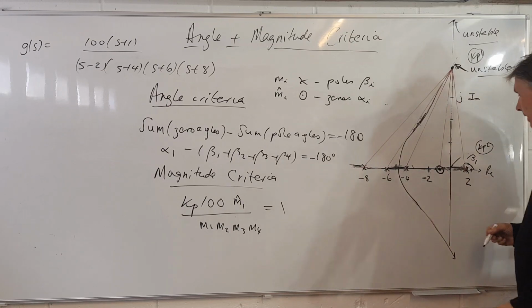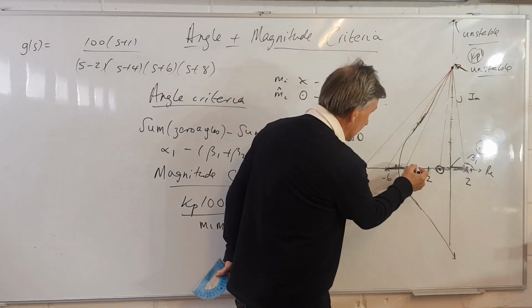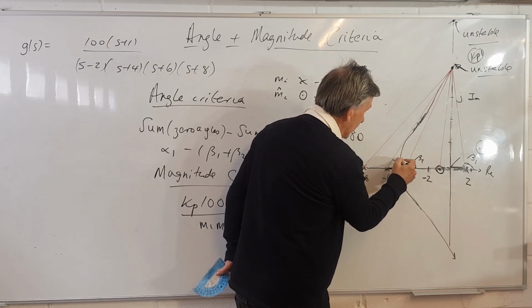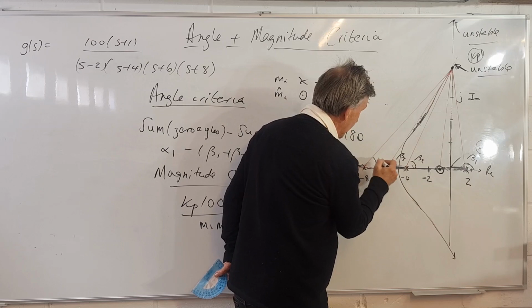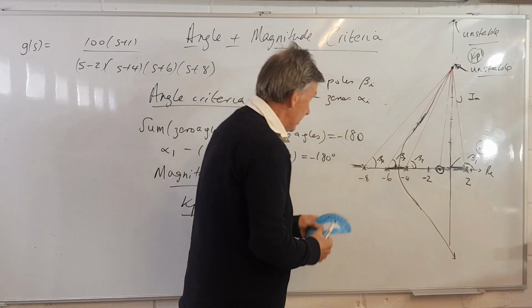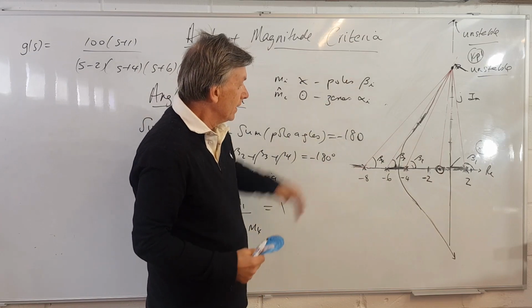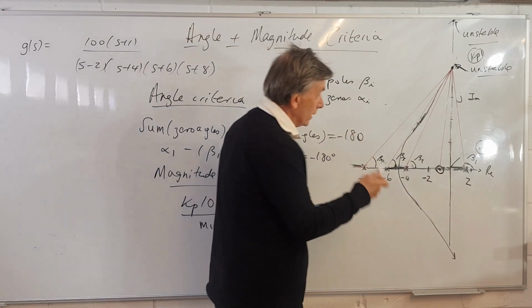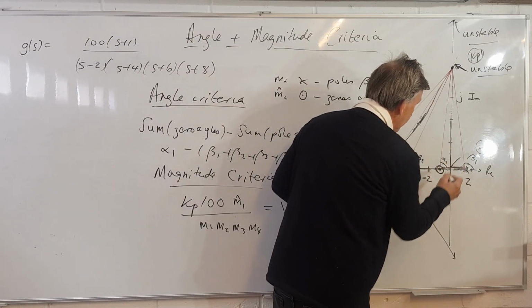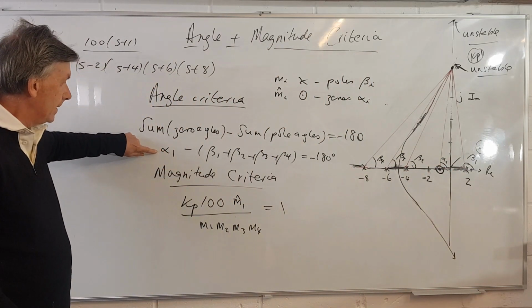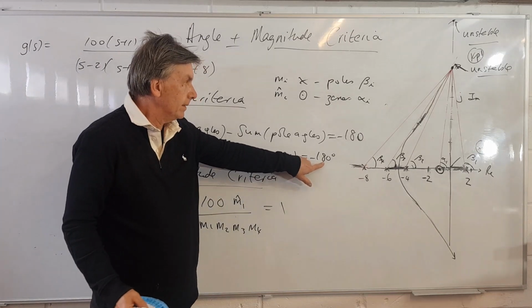Then we could measure this angle here. That's going to be beta2, that's going to be beta3, and that's going to be beta4. Remember, the poles are the crosses, and they're associated with the betas. Then we can measure our zero angle, there's only one in this case, which would be alpha1. Then we stick these angles into this equation here, and hope it would come to 180.